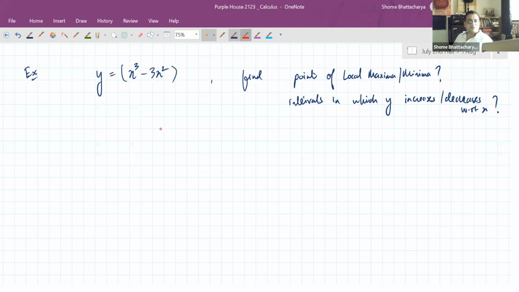So we will do the same treatment to this function, but because it's a cubic function, it's going to be a little bit more complex.